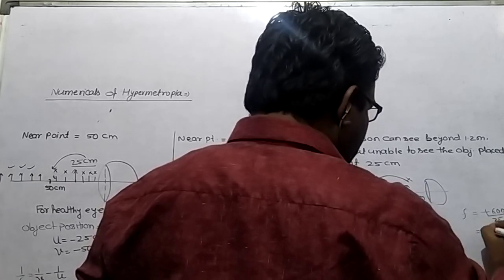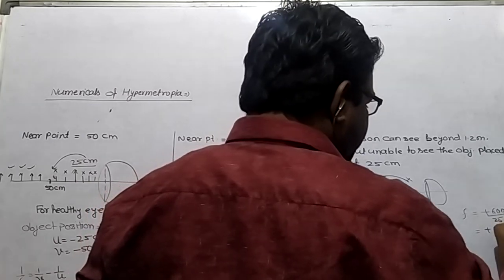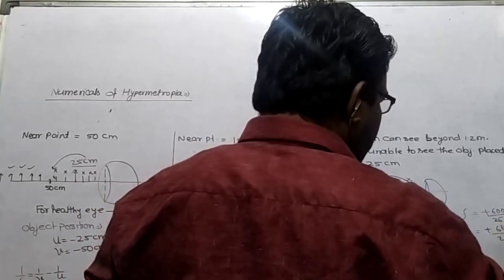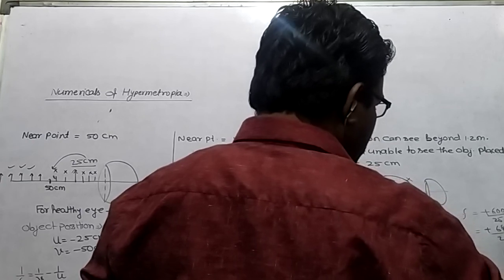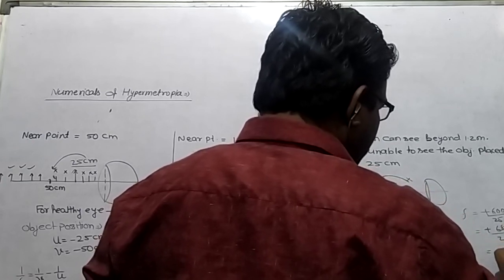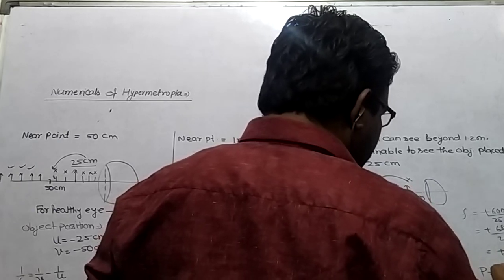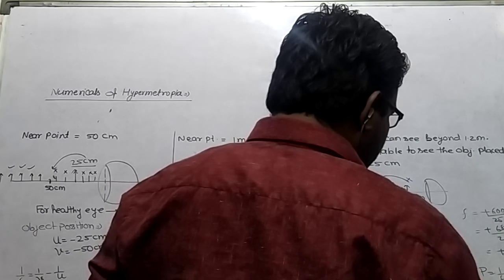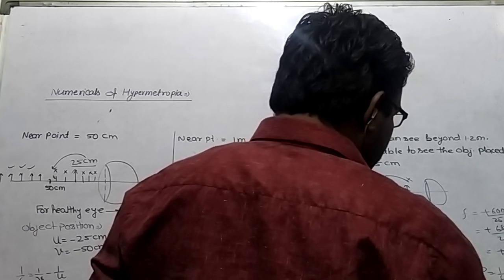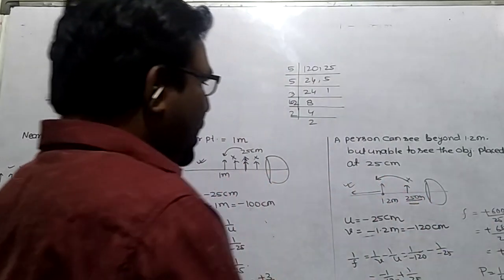Converted to meter, 600 upon 19 into 1 by 100, that is plus 6 by 19 meter. Now power is equal to 1 upon f, 1 upon 6 by 19, that is plus 19 by 6 diopter, and this is the answer.